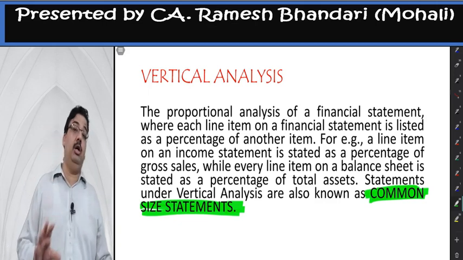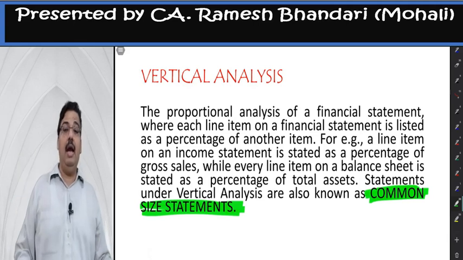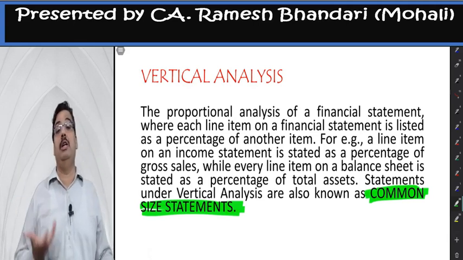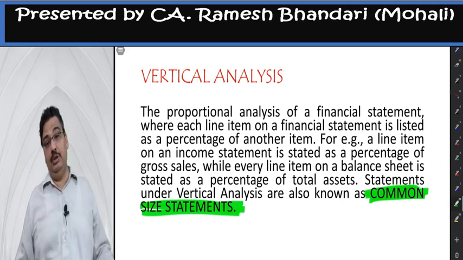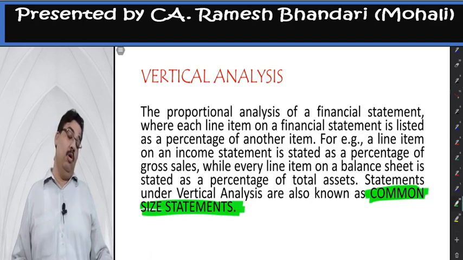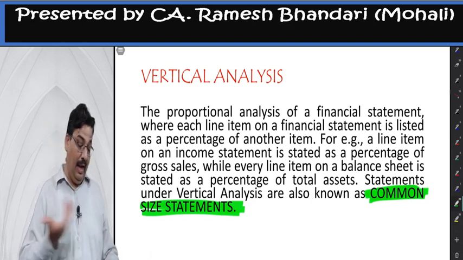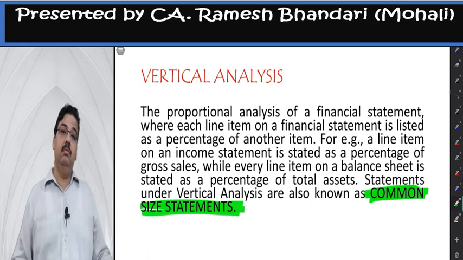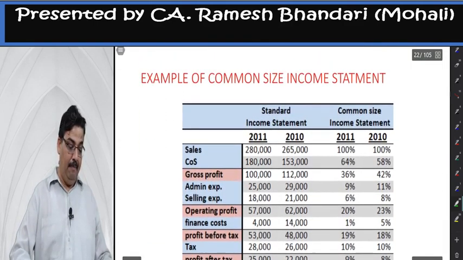In balance sheet, total of the balance sheet, total asset is taken as a base and every item is computed as a percentage of that. In cash flow statement, it can be represented as a percentage of sale or maybe operating cash inflows can be the base. From there you can calculate the percentages. How it looks like? Let's see. I have some examples for you.